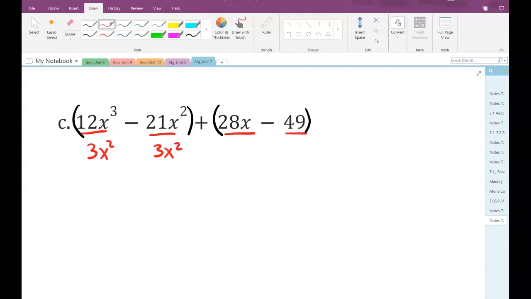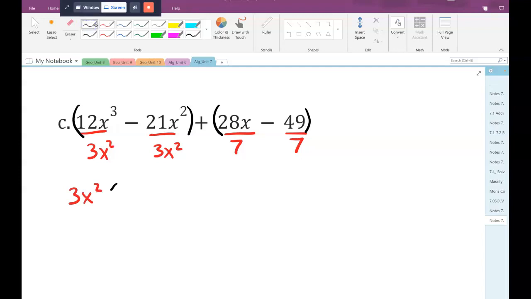The factors of 21 are 1, 3, 7, and 21. So 3 would be our greatest common factor. Then we take the lowest degree term, x squared. And then between 28x and 49, it would be 7. 7 divides both evenly. So we go through, write in our factored form.